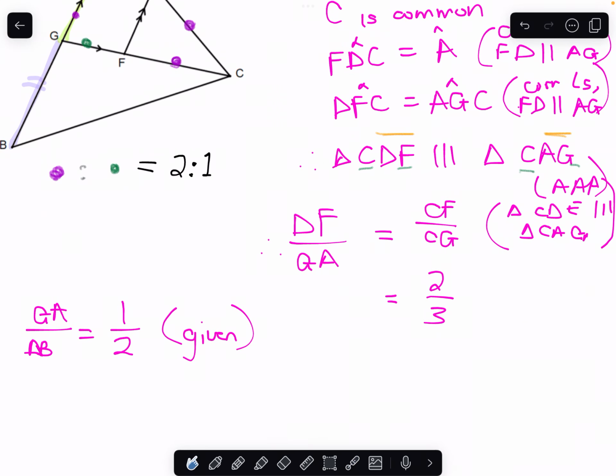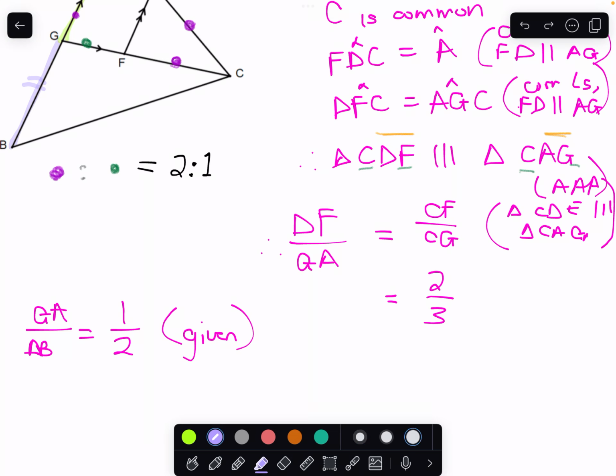Okay, and now I want to rewrite my ratios so that this number over here, that represents the GA, is the same number over here, so that from there we can compare this number to this number directly. Right now we can't, because GA is represented by 3 parts here, and in this equality it's represented by 1 part.